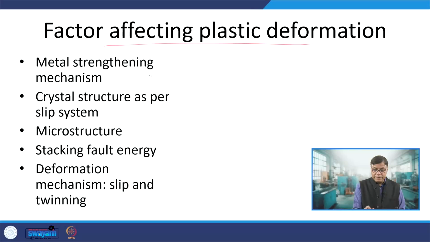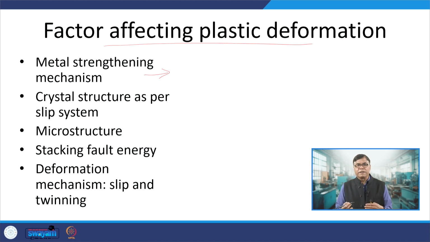So, metal strengthening mechanisms are very important because they affect the way the metal will respond to the heat and to the deformation when the deformation based material processing approach is applied. The metal can be strengthened by various mechanisms: solid solution strengthening, grain refinement, work hardening, precipitation hardening, dispersion hardening, transformation hardening.